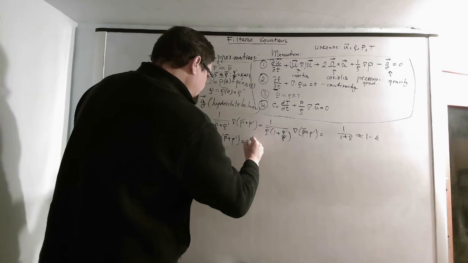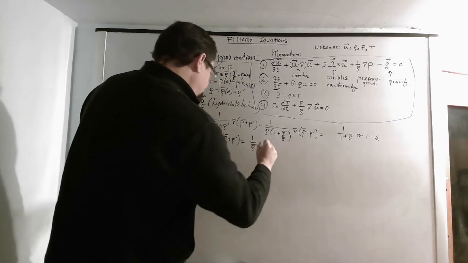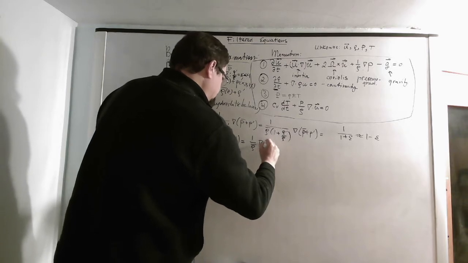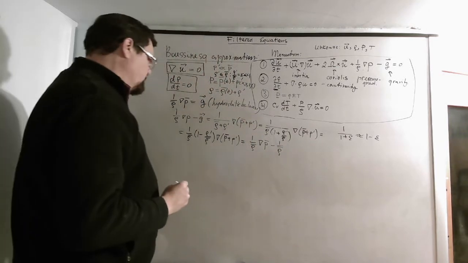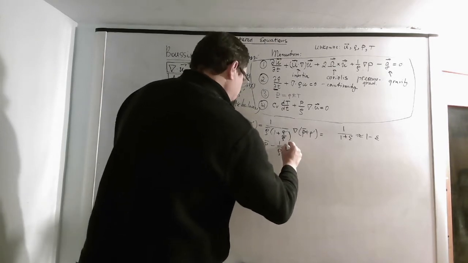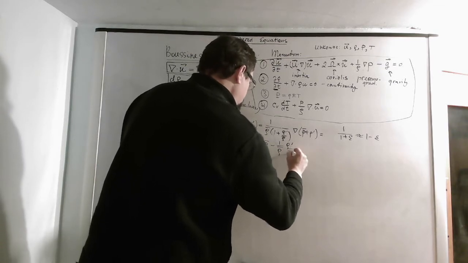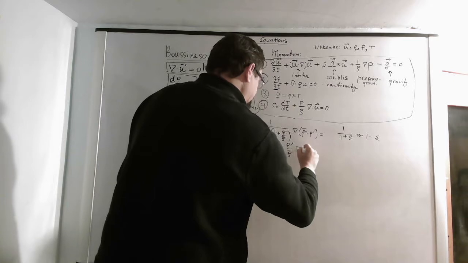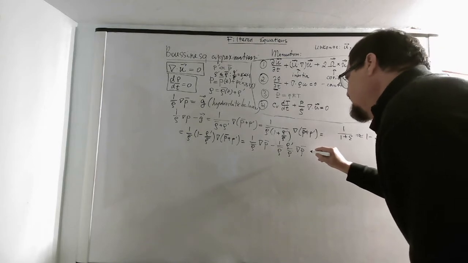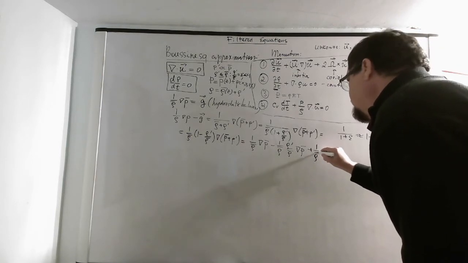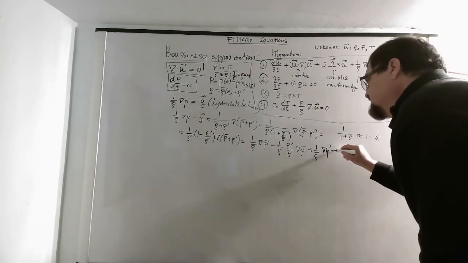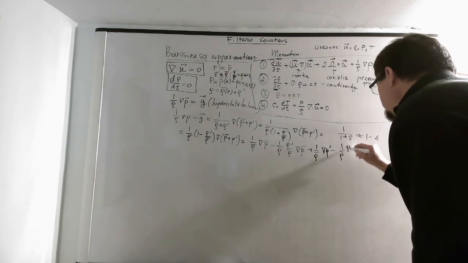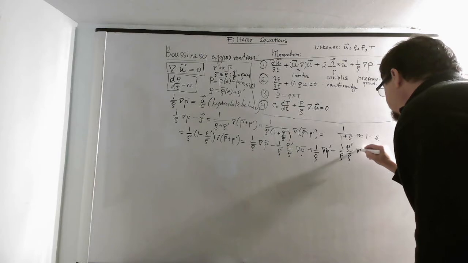So it's 1 over rho bar gradient of P bar, minus 1 over rho bar rho prime over rho bar gradient of P bar, plus 1 over rho bar gradient of P prime, minus 1 over rho bar rho prime over rho bar gradient of P prime.